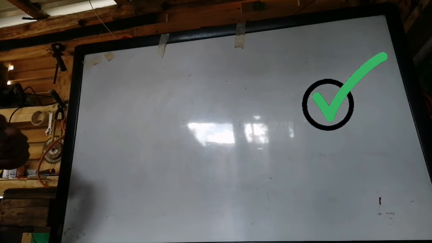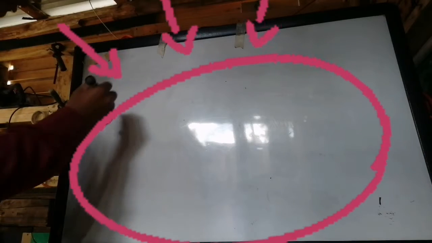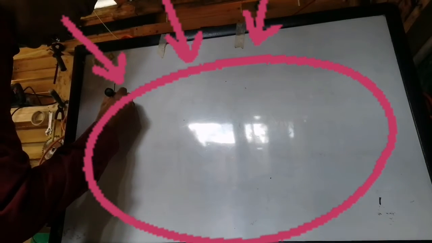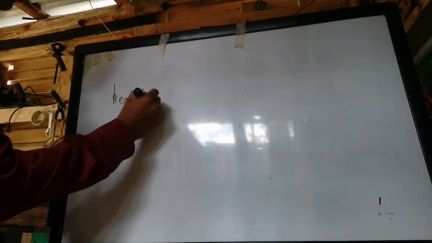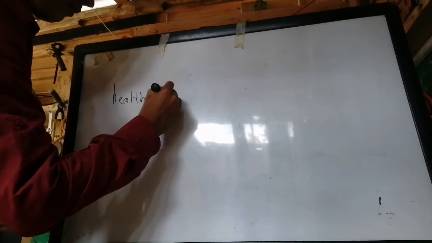Okay, guys, now I'm going to show you some examples about the internal structure of words. We have here the word health. Health is the free morpheme.